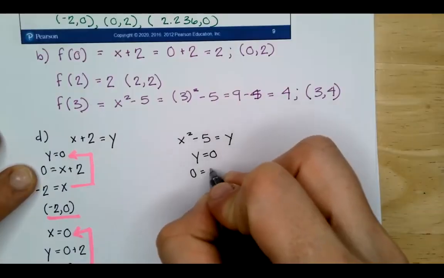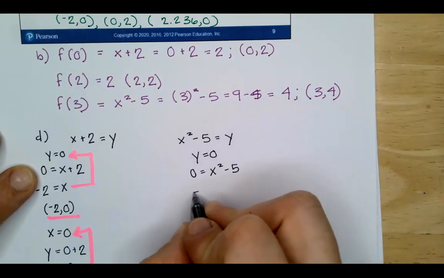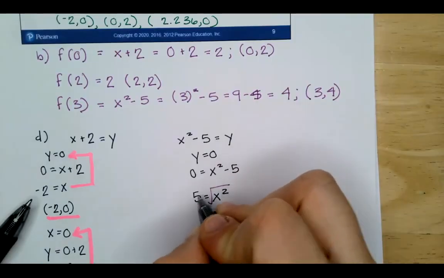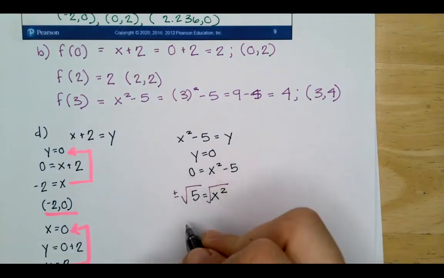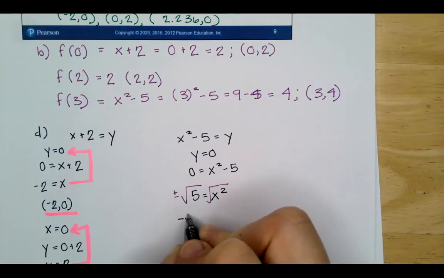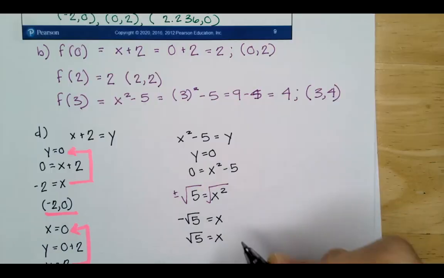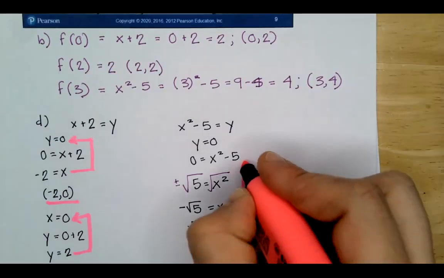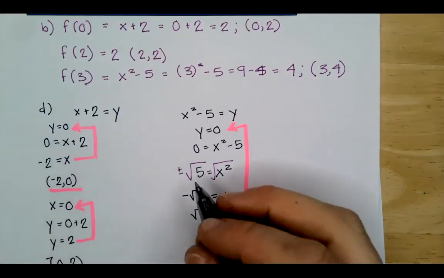So 0 equals x squared minus 5. Add 5, we get 5 equals x squared. To get rid of the x squared, we have to take the square root. Good. So we have negative square root of 5 and square root of 5 when y equals 0. So those are the points.